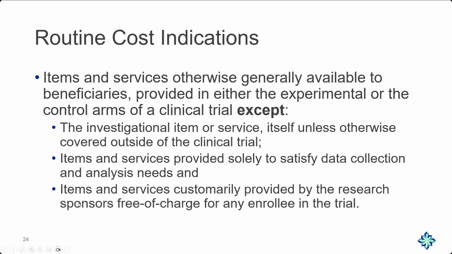So again, remember, the investigational item or service itself, the items and services provided solely to satisfy data collection, and items and services that are provided by the research sponsors free of charge to anyone that's enrolled.